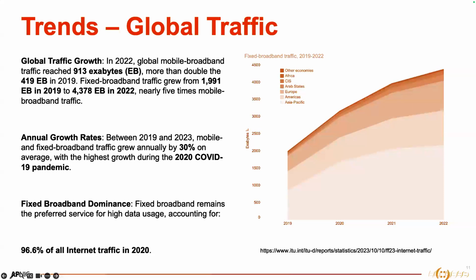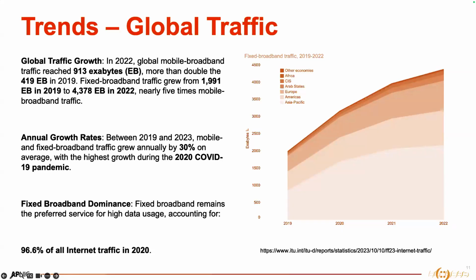Around 2022, the global mobile broadband traffic reached 913 exabytes, and fixed broadband went to 4,378 exabytes, right? That is around a 30% increment.